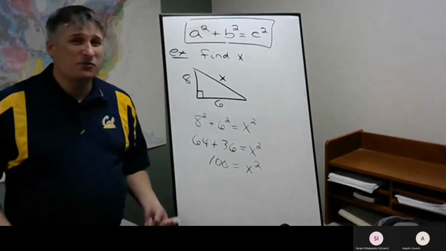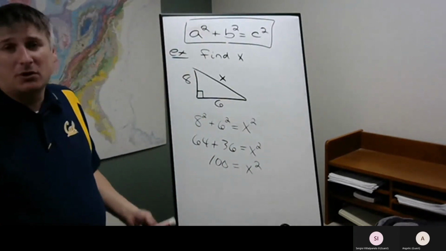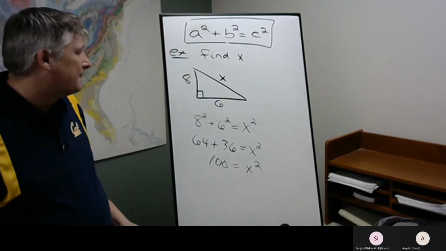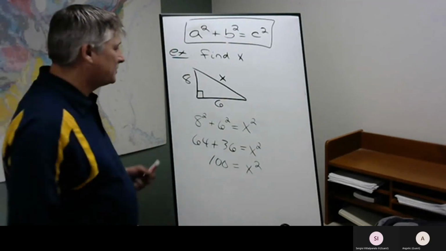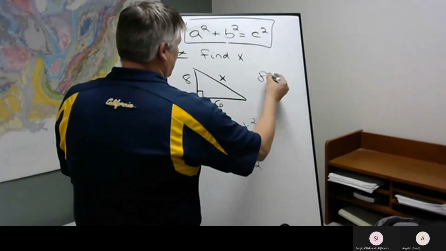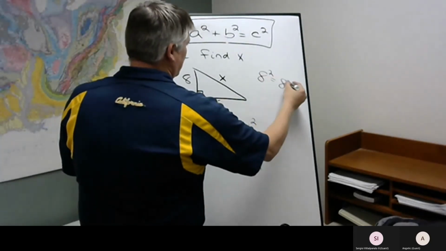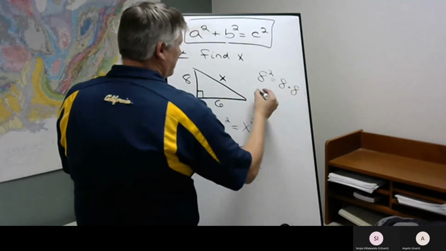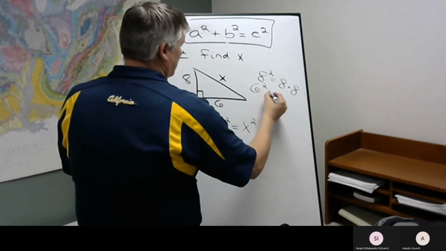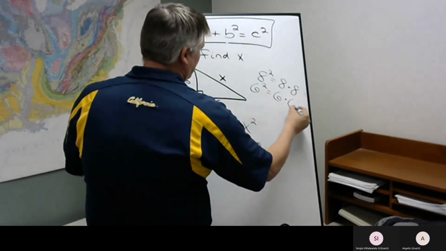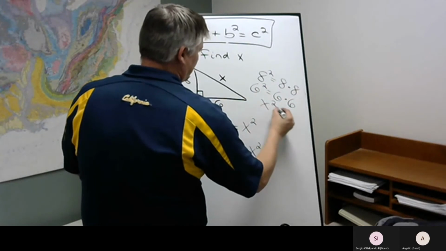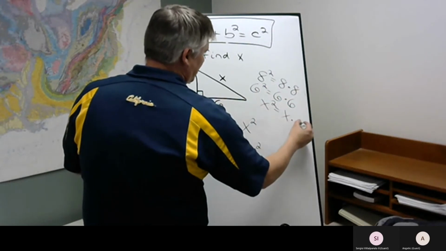So to find this, you have to do what's called a square root. Now we haven't talked about exponents yet, so I just want to mention 8 squared is 8 times 8. 6 squared is 6 times 6. X squared is x times x.